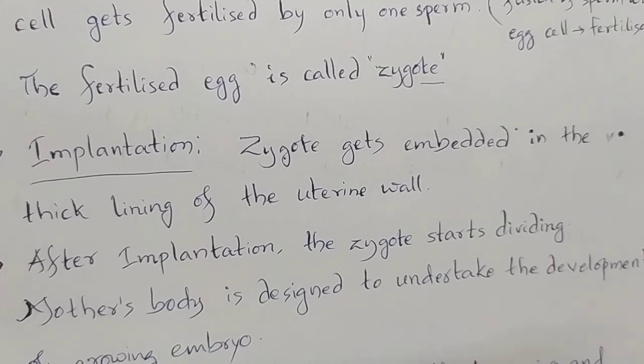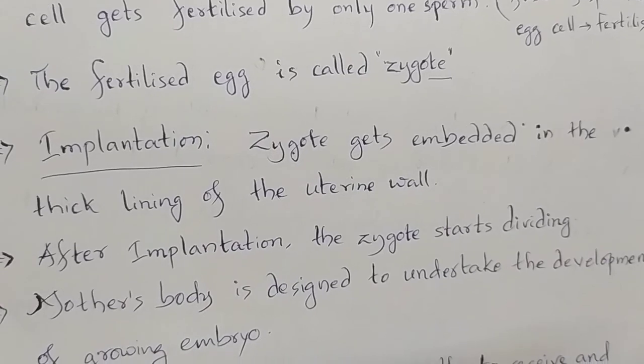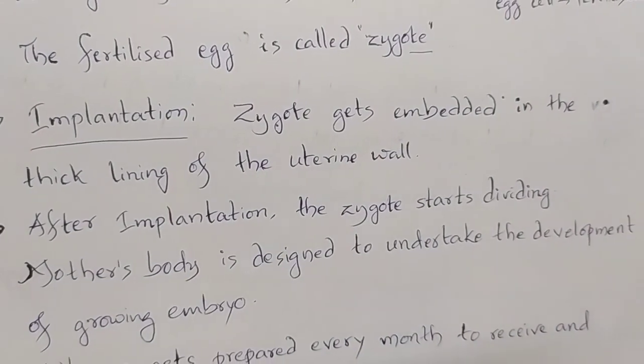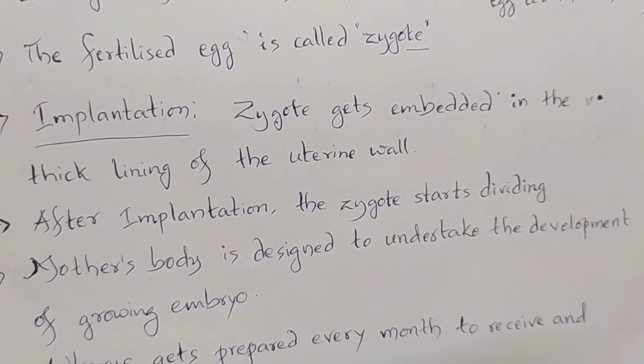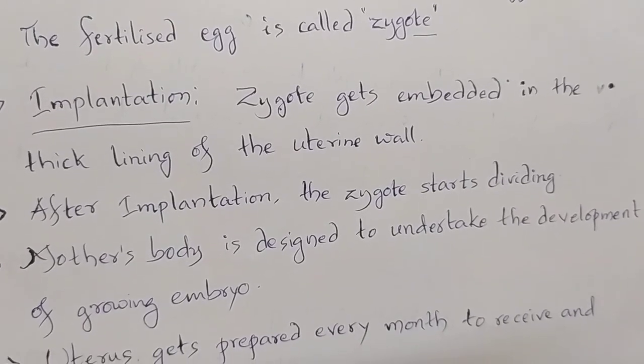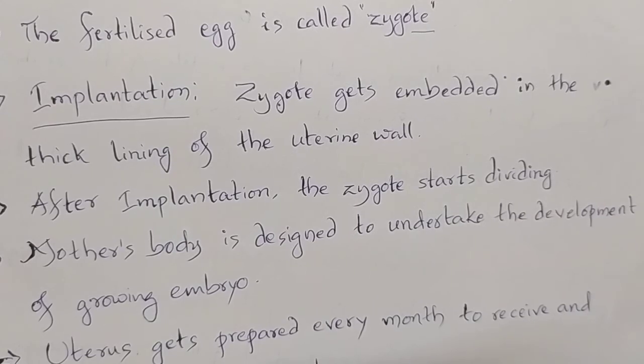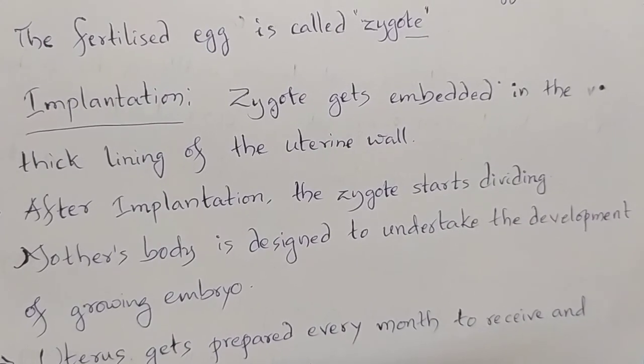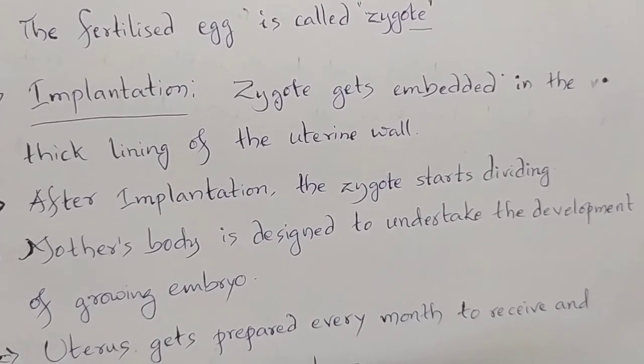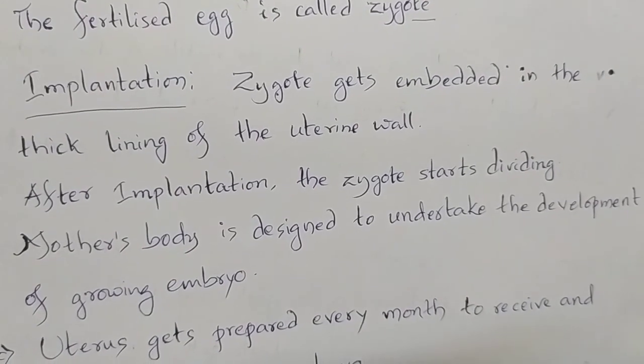The mother's body is designed to undertake the development of a growing embryo. For all these things to take place, the mother's body is designed in advance to undertake the development process of the growing embryo.